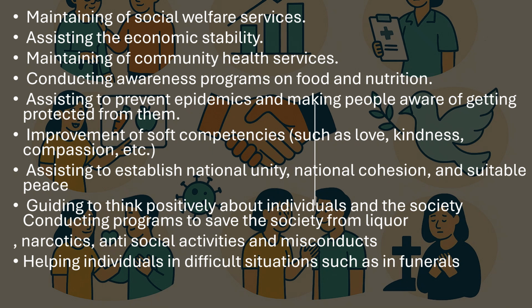Guiding to think positively about individuals and the society, conducting programs to save the society from liquor, neurotoxins, antisocial activities, and misconducts. Helping individuals in difficult situations such as in funerals.